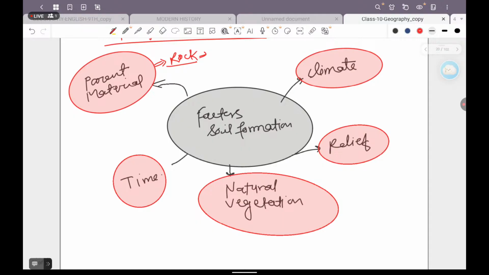One is the parent material, it means the rocks. In India, the rocks are the main origin of the soils. Like in southern India it is igneous and metamorphic rocks, whereas in northern India the rocks are deposited and distributed by the rivers.